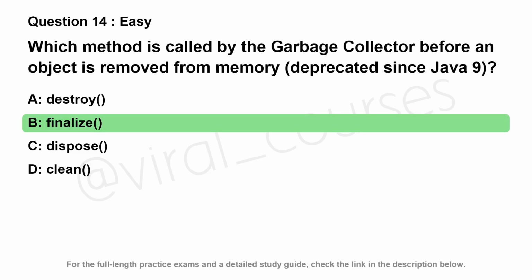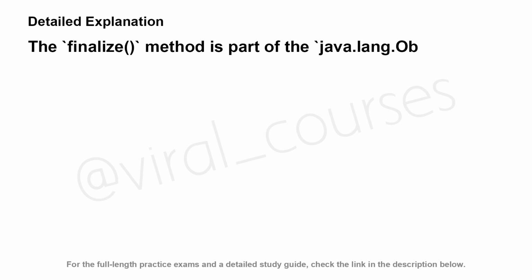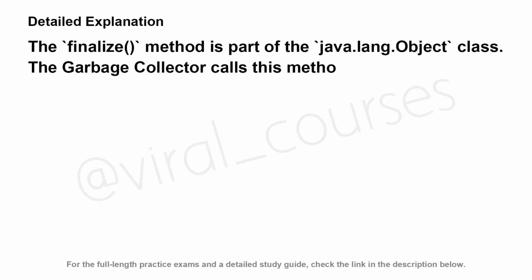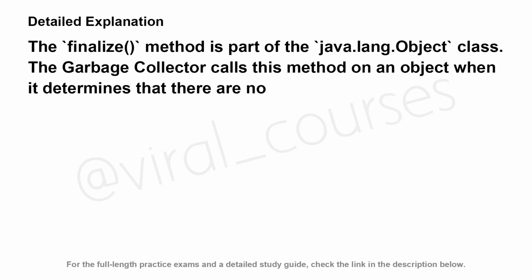The correct answer is B. The finalize method is part of the java.lang.Object class. The garbage collector calls this method on an object when it determines that there are no more references to the object.